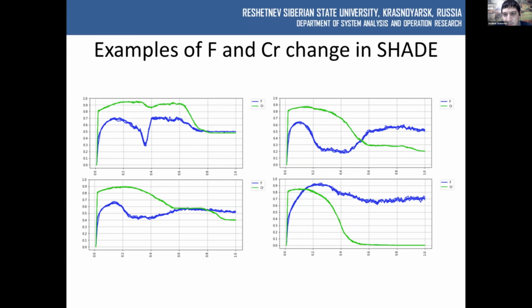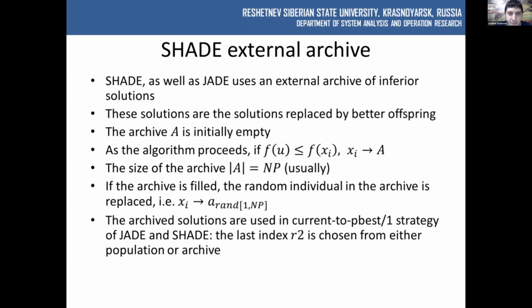It's all based on which values perform better at each time step. There are other features in the SHADE algorithm. For example, it has an external archive, where we store some of the good solutions in an external set, and then we use it in the mutation.